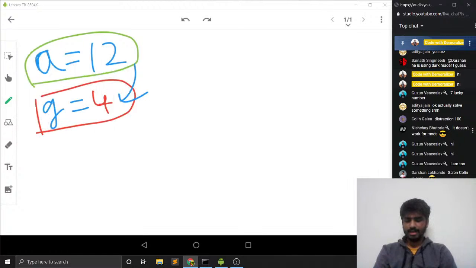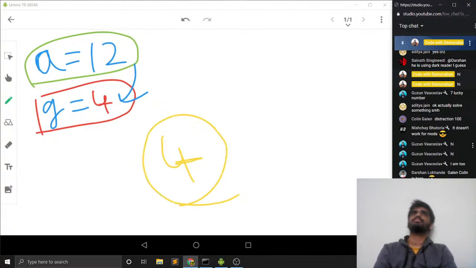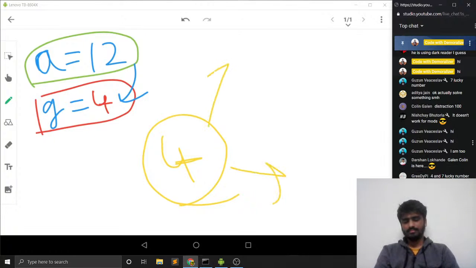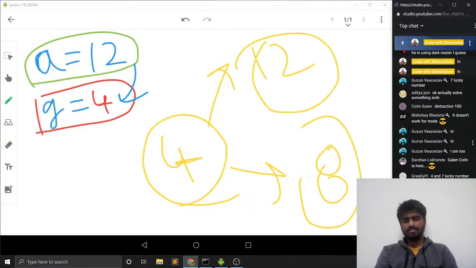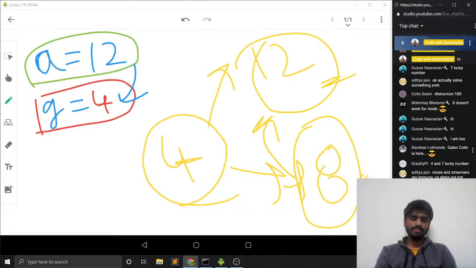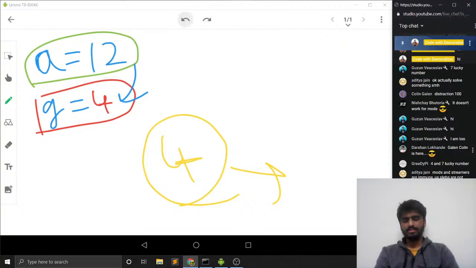So maybe, to get GCD equal to 4, we can pick all the elements that give GCD 8 and all the elements that give GCD 12, and we can just combine them somehow. I think that will go wrong because these two can have some common elements, so that will most probably be wrong.